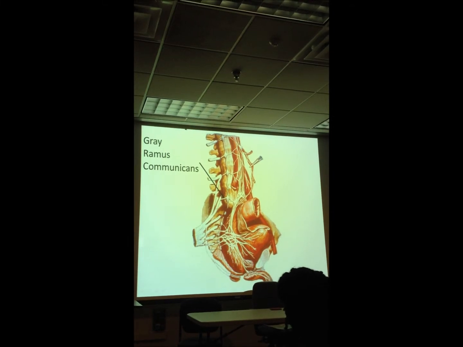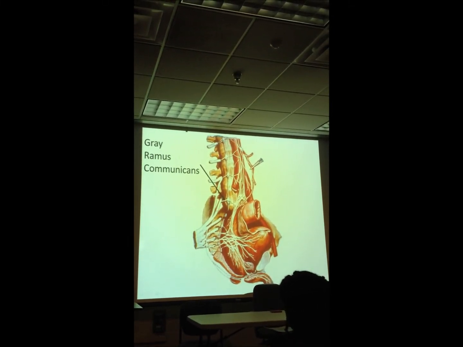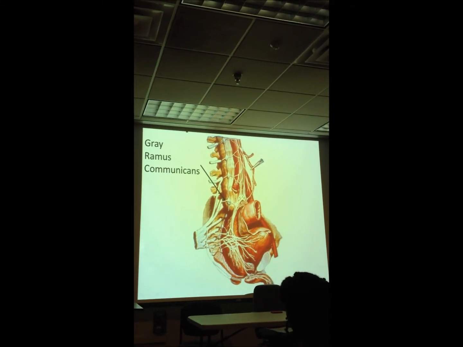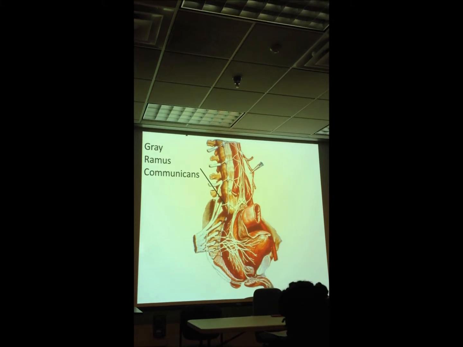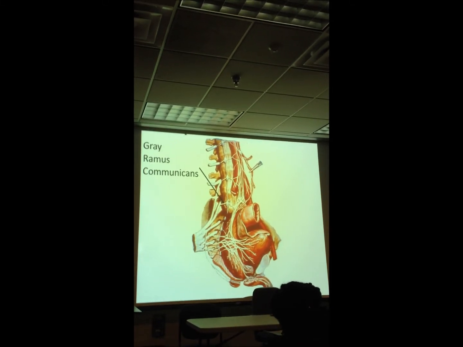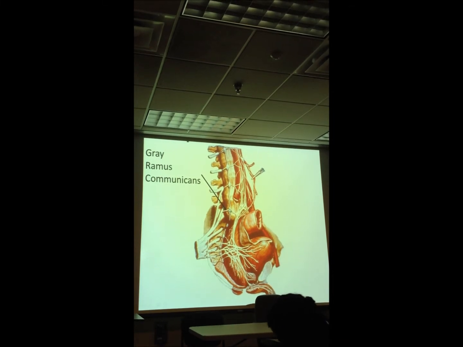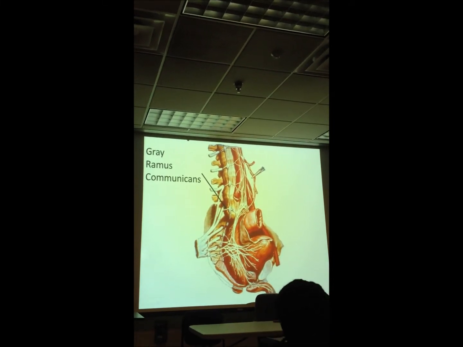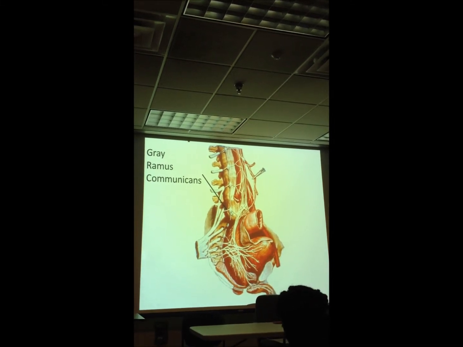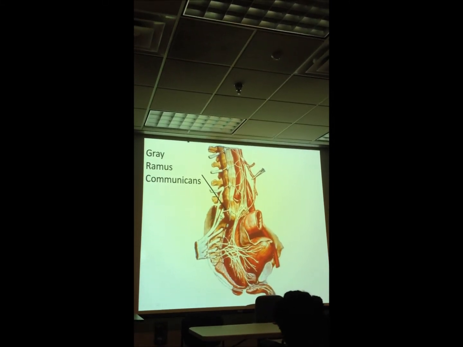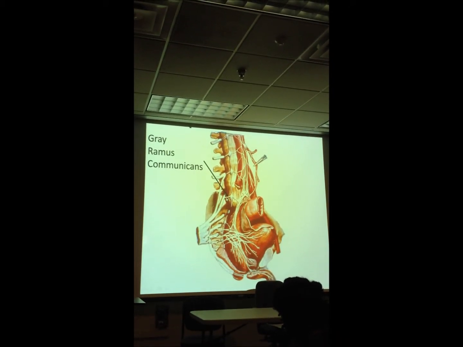What's a gray ramus communicans? Well, I tried to show you one, and it was a kind of crummy one on table 2 on Tuesday. It was all dried up, and the sympathetic trunk was all dried up. On table 1, there was a really good sympathetic ganglion that Timmy stuck a pin in. Unfortunately, that sympathetic ganglion didn't have a connection with the spinal nerve. If it did, we could call it a gray ramus communicans.